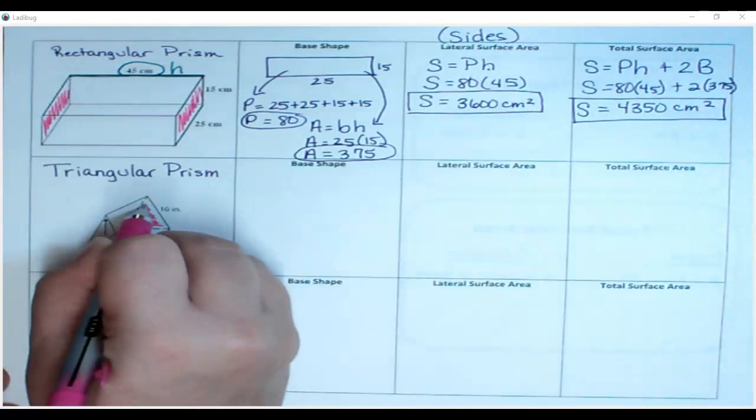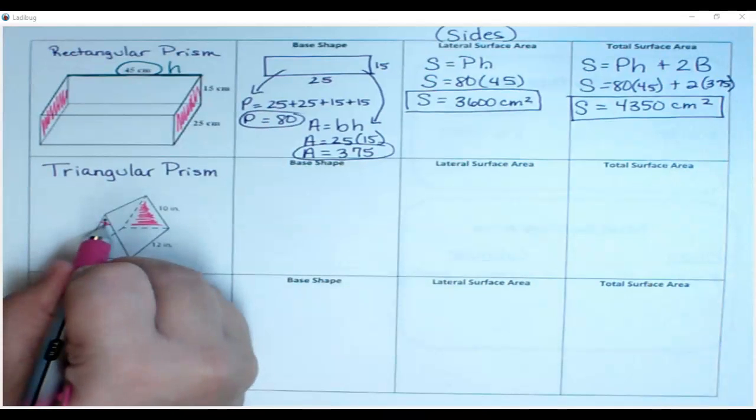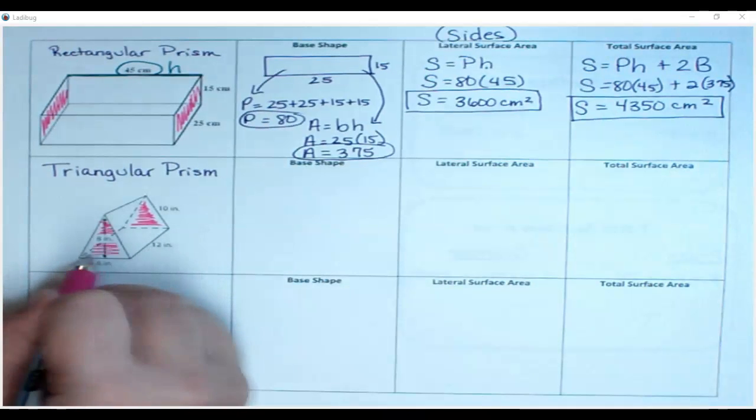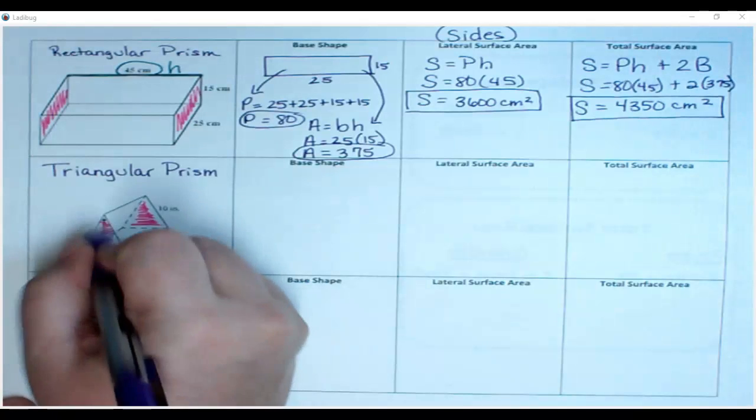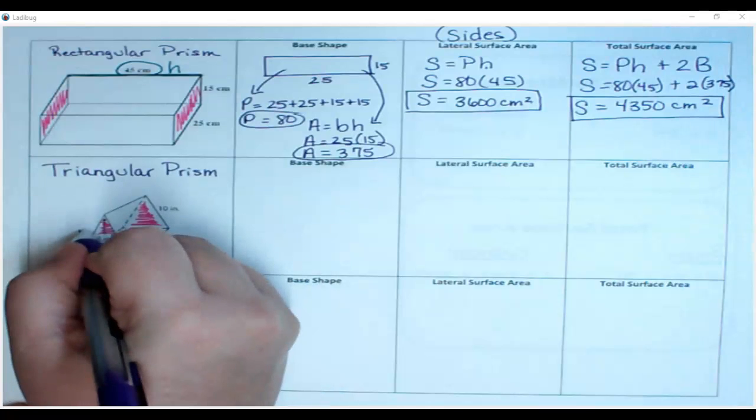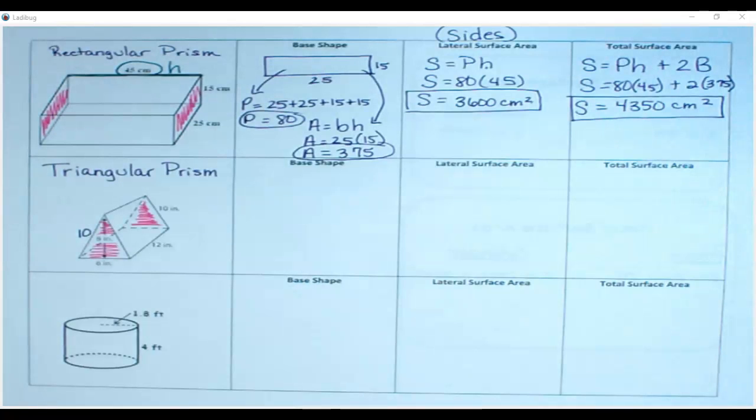So here's a base in the back. Here's a base up front. Also, one thing that got left off of this picture, we need to know this measurement right here, which is also 10 inches. I don't know why it got left off the photocopy.